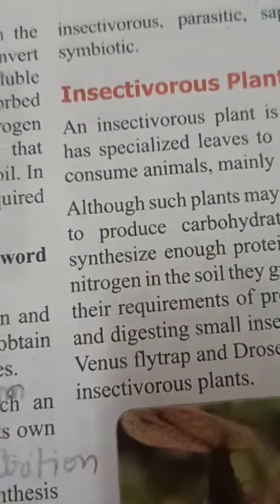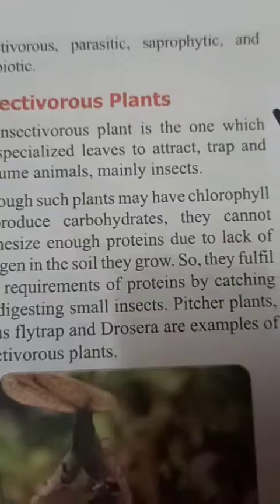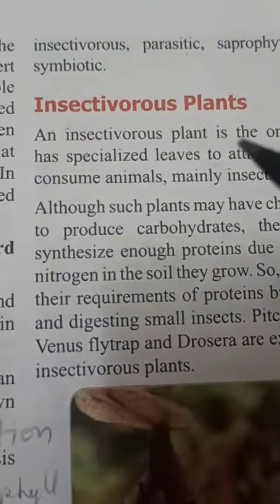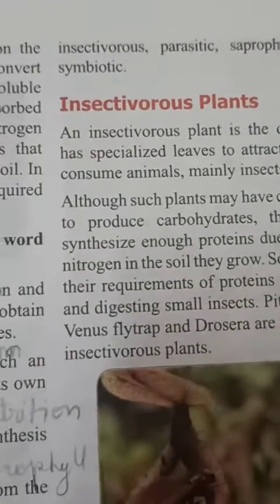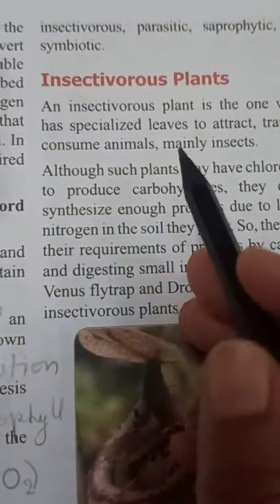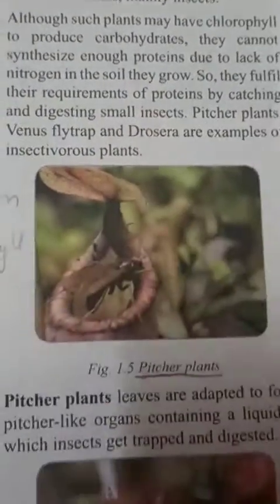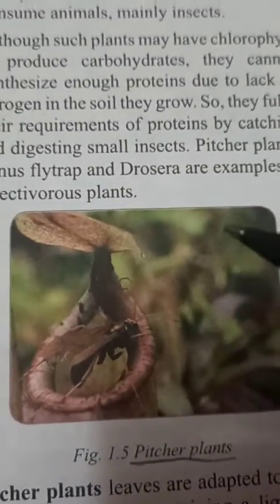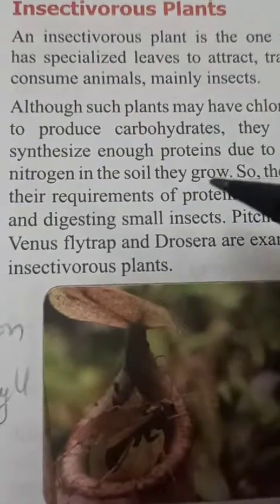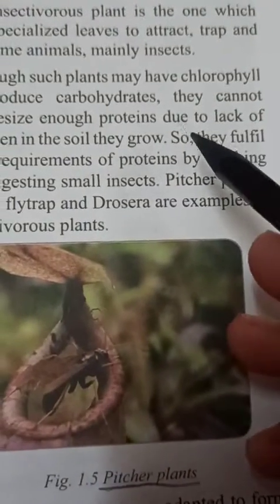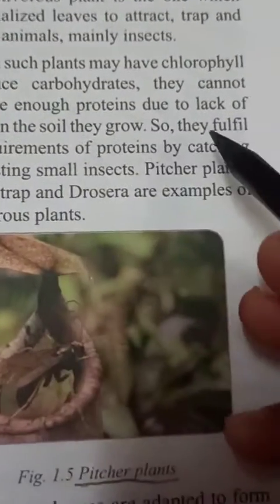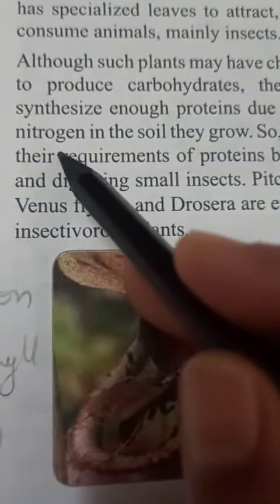These 4 types of heterotrophic nutrition we will study, out of which for insectivorous plants, I explained that some plants grow in soil which has a lack of nitrogen.